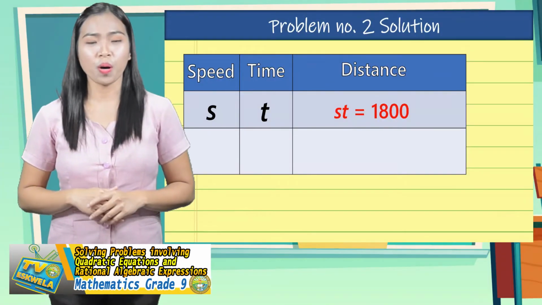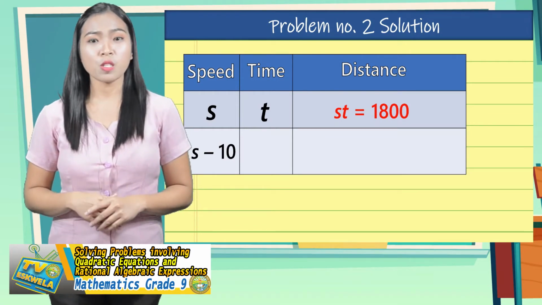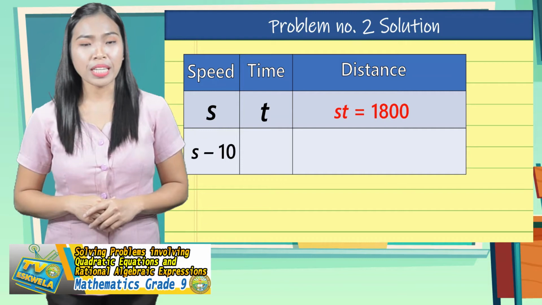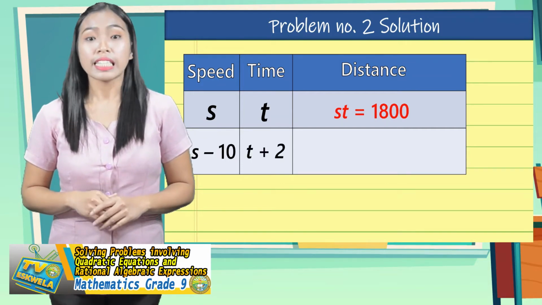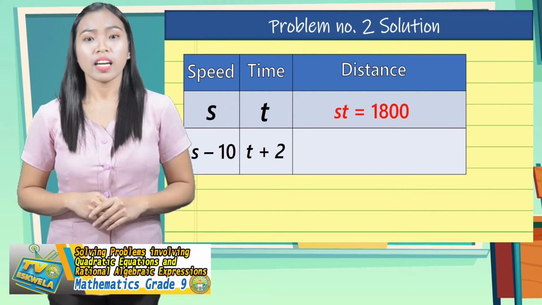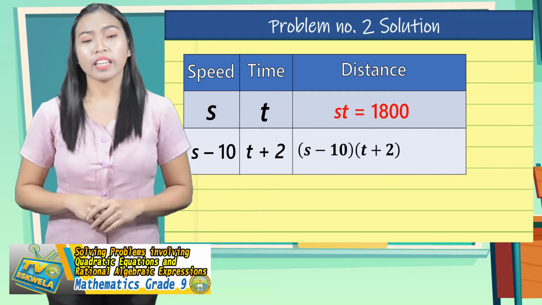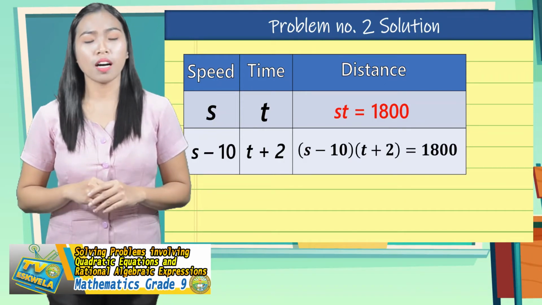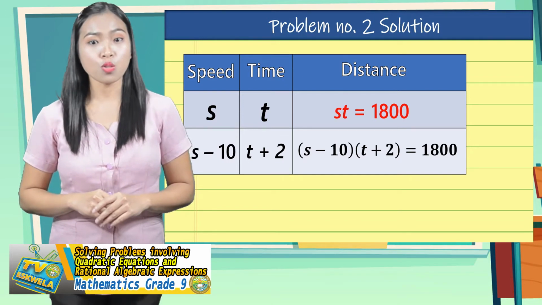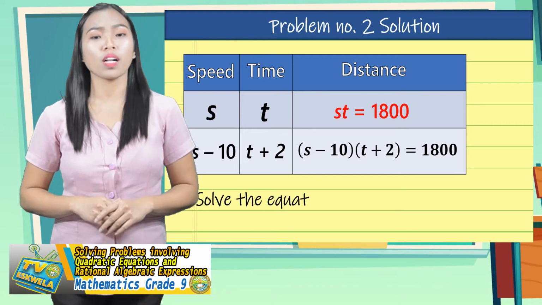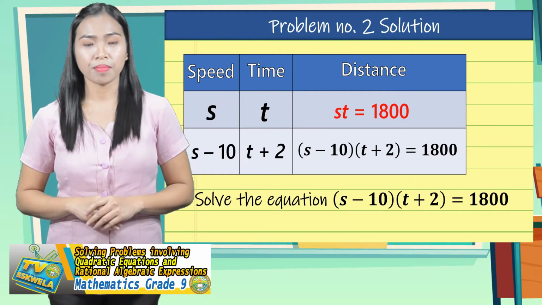On the second row, S minus 10 is the speed of the bus decreased by 10 kilometers per hour, and T plus 2 is the time increased by 2 hours. Therefore, the product of S minus 10 and T plus 2 is also equal to the distance 1,800.